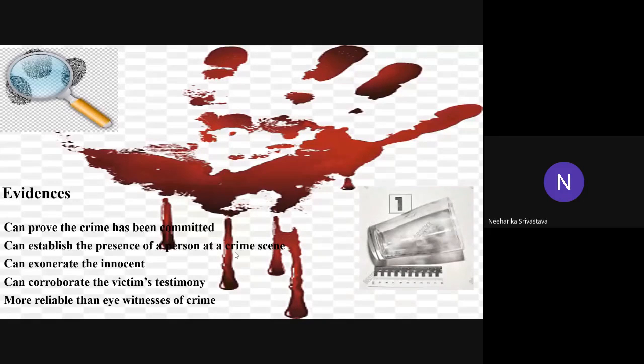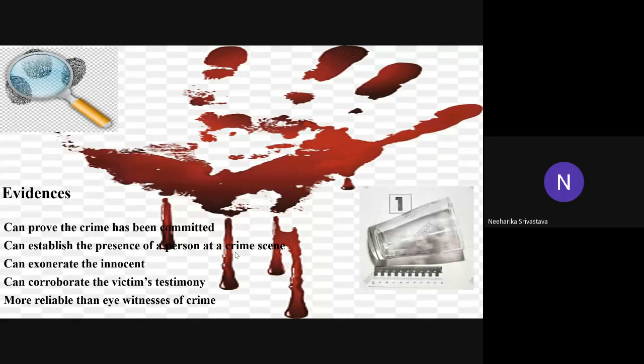They can prove the crime has been committed. Suppose at a scene, there is the presence of blood spots, fingerprints of some unknown person, some glass fragments, or some marks of struggle. This represents that this is the place where something has happened, and it proves that this is the crime scene.